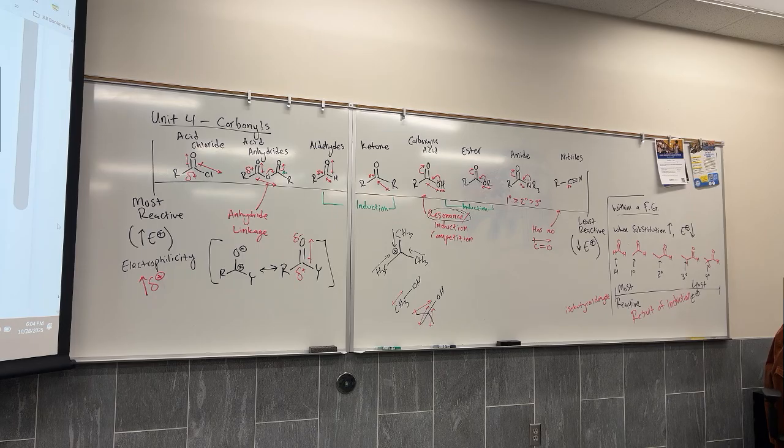And then this ketone is still more reactive than this ketone. And then the amide. Now this, I would argue this one is probably here, between these two compounds. Yeah, this is more reactive than this.